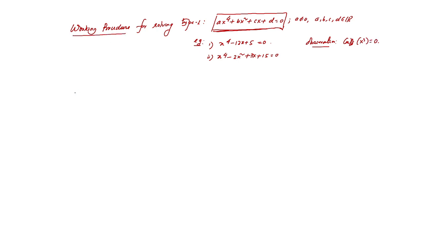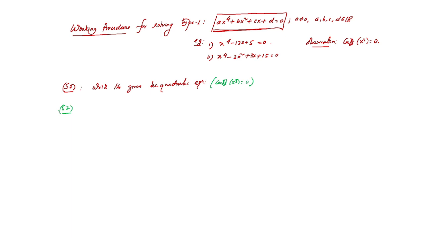So now we come to the working procedure. Step 1 is to write the given biquadratic equation, and you will observe that the coefficient of x cube vanishes. So your observation is that the coefficient of x cube is 0. Then we will continue type 1. What will be step 2?